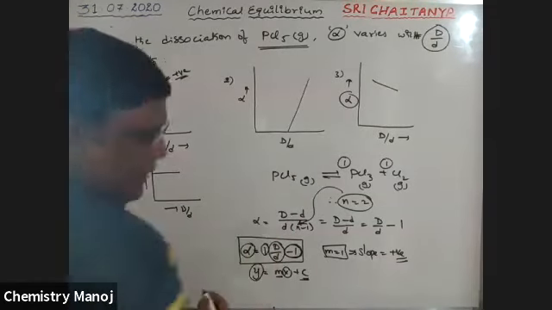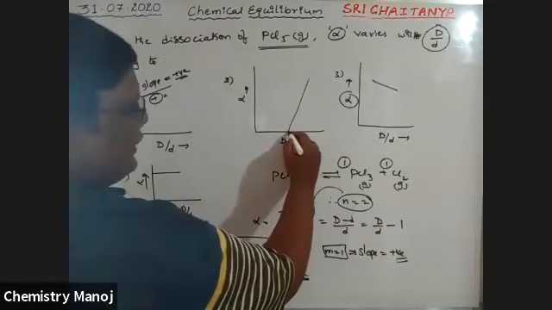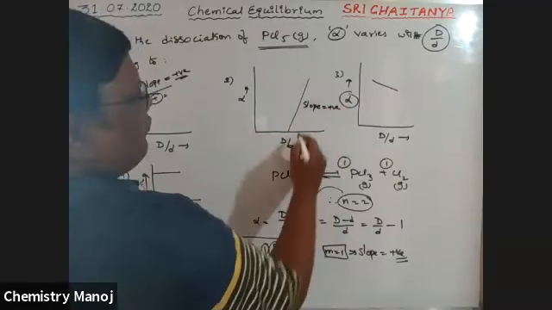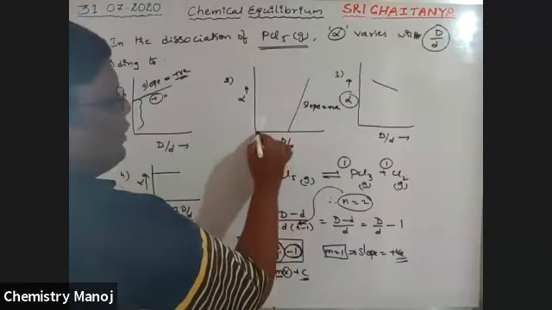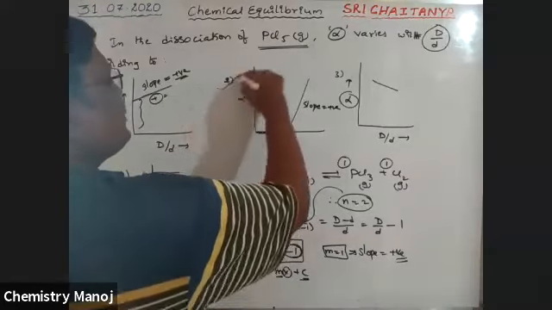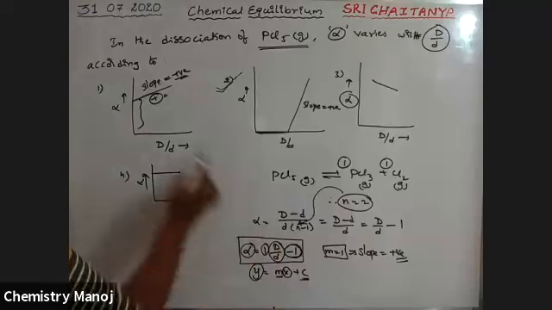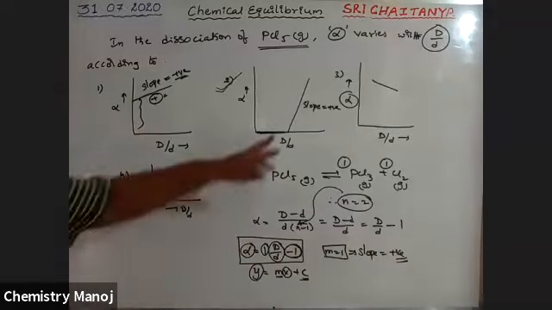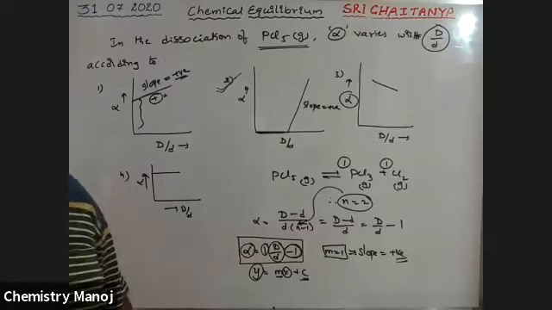Therefore our answer is the second one. Here c is the y-intercept, negative, and the x-intercept is positive, so the answer is an x-intercept with a positive slope.